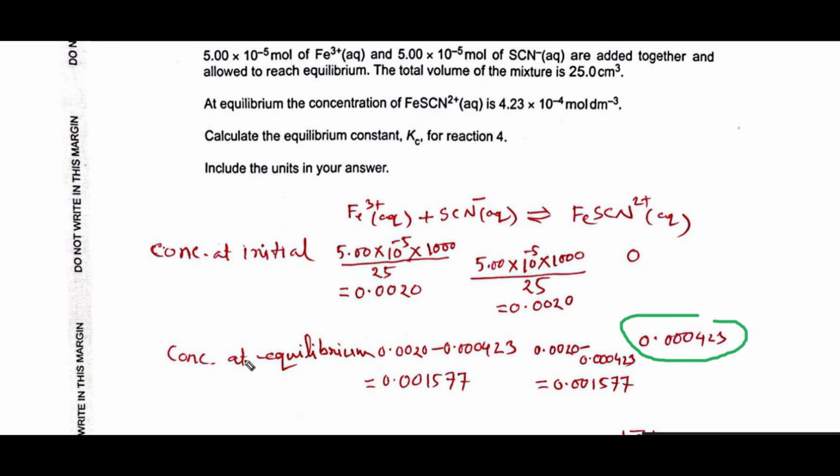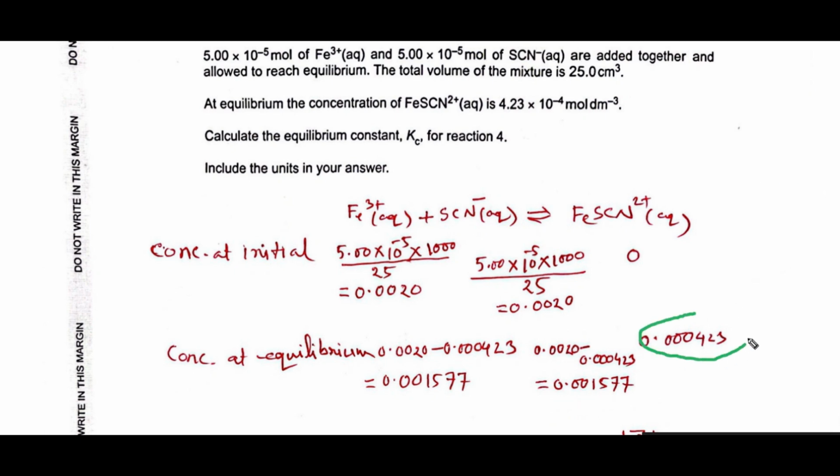So concentration at equilibrium will be initial minus that amount reacted. So you will get concentration at equilibrium of iron 3 ion, and also concentration of thiocyanate ion: initial concentration minus that reacted, you have to subtract, so you will get 0.001577 mole.